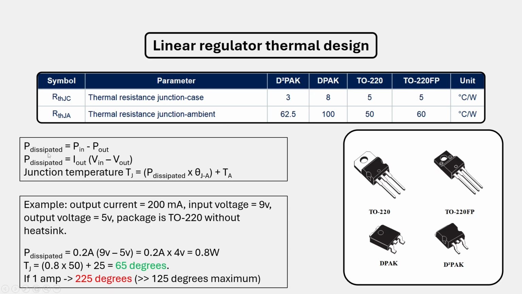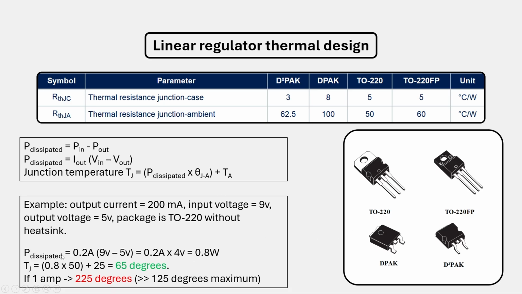First of all, you need to know the dissipated power inside your device using this equation. And then after that, you can calculate the junction temperature based on this equation. So let's go for this example. You have 200 milliamps from this mysterious linear regulator, and the input voltage is 9 volts, delivered to the output as 5 volts. And the package is TO220, which is this one, without a heatsink.